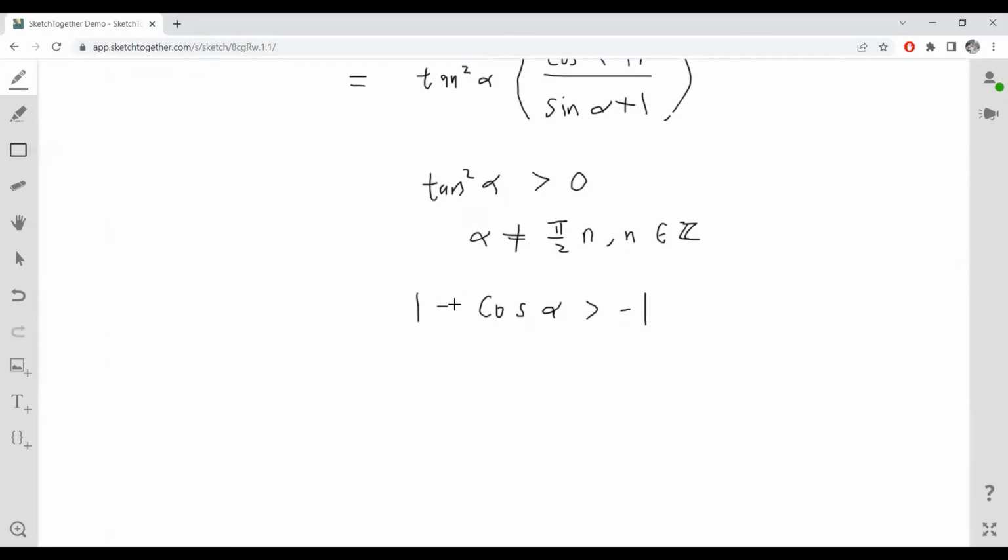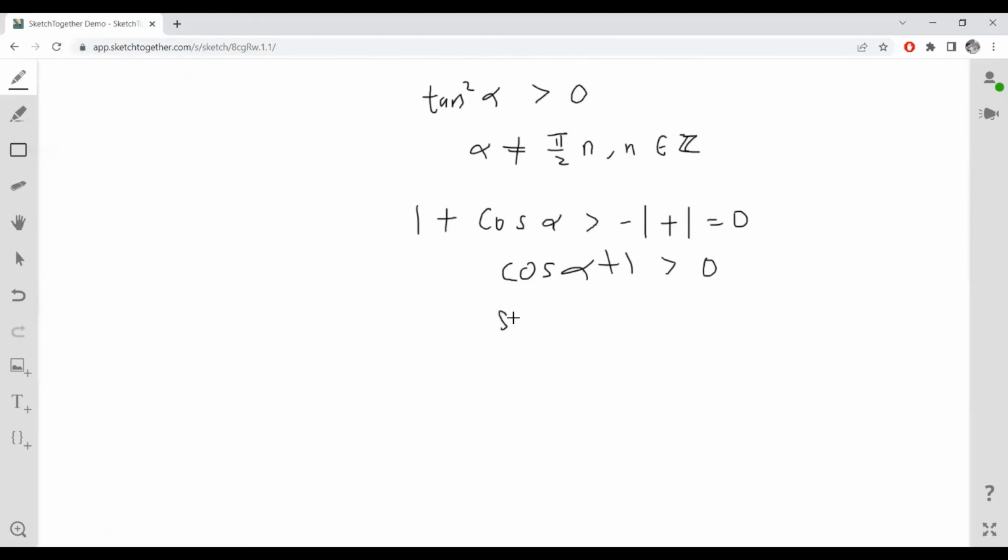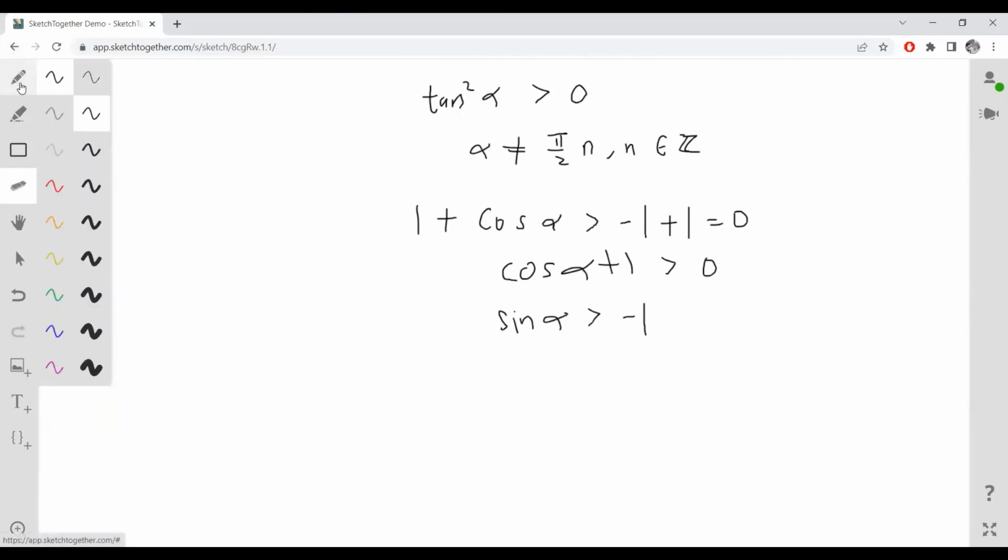And then now we just add 1 to both sides of the inequality, and we obtain cosine alpha plus 1 is greater than 0. Same logic can be applied to sine. Sine alpha is greater than or equal to -1. However, sine alpha can't be -1 because we know alpha is not a multiple of pi over 2. So we can say the sine alpha is greater than -1.